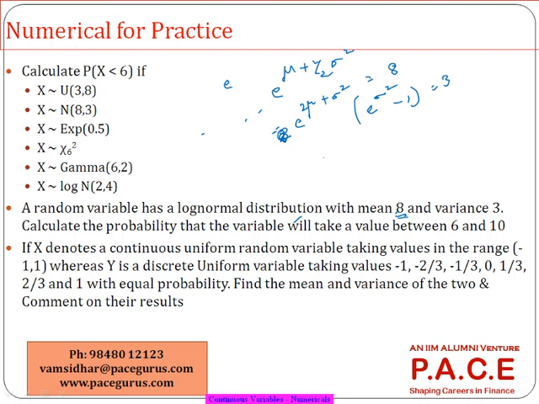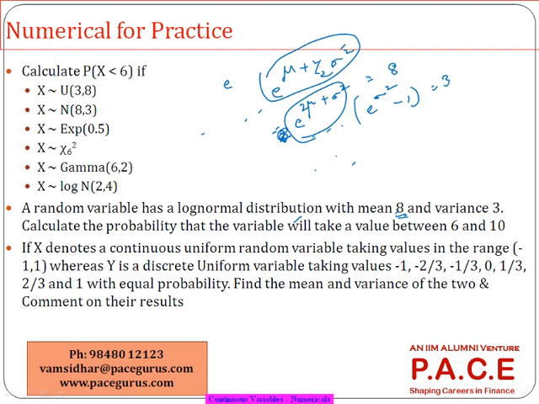So these are the numbers. Based on this, I need to find out mu and sigma before I do any kind of calculation. So how am I simplifying it? This is nothing but the square of the mean.